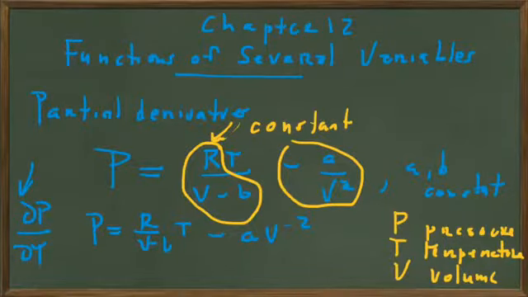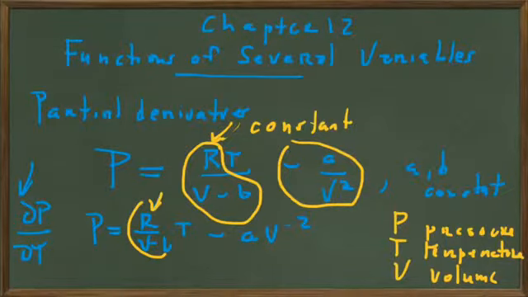when we take the partial derivative with respect to t. So we have separated off the r over v minus b here in front of the t, and now we're going to take the partial of p with respect to t. And so over here in this first term we have effectively a constant times t that we're taking the partial of.